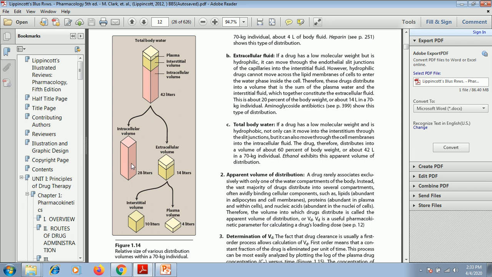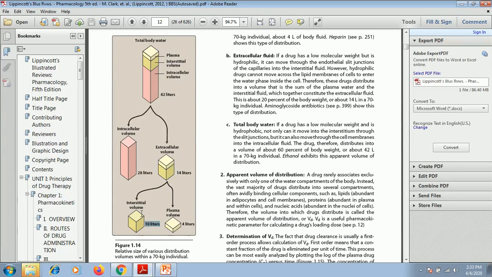Number one is the intracellular fluid, which is all the water that our cells contain. If collectively we add up all that water, that becomes almost 28 liters. And if we add extracellular volume, extracellular means outside of the cell, it comprises two chambers.